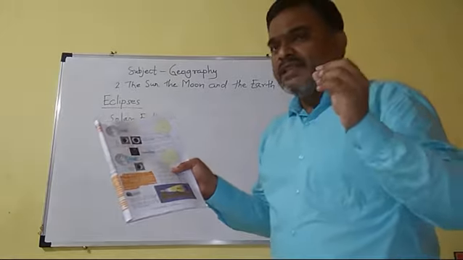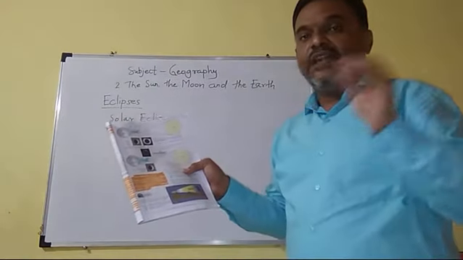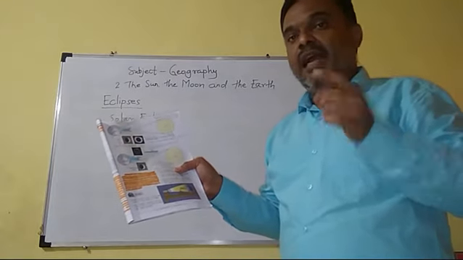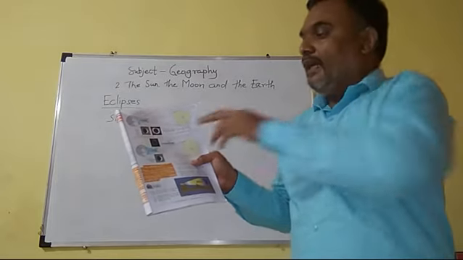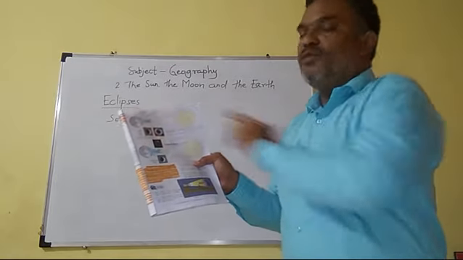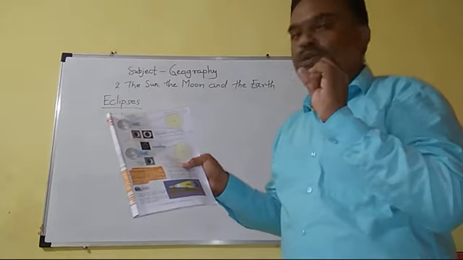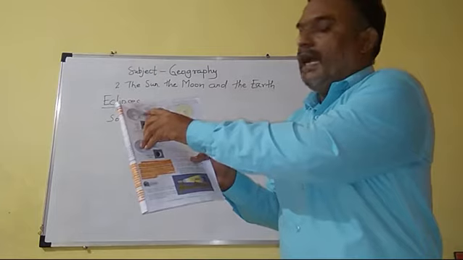Now, in such situations, when these 3 celestial bodies are in one straight line and in the same plane, and this condition is on new moon, at that time the shadow of the moon falls on the earth. Now the moon's shadow is of 2 types, dark shadow and lighter shadow.